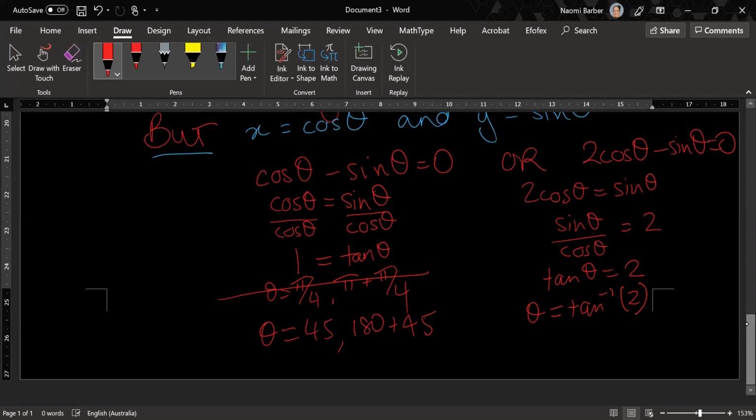So shift tan 2, close bracket. Check your calculator is in degrees. Otherwise, bad things will happen. Theta equals 63 degrees, 26 minutes, or 180 plus 63 degrees, 26 minutes. And of course, you would simplify the 180 pluses to get your final answer.